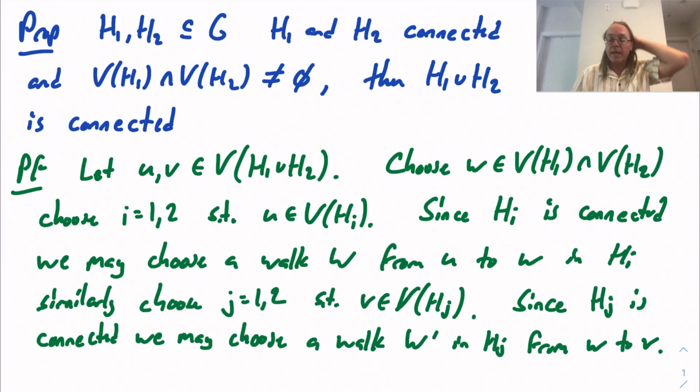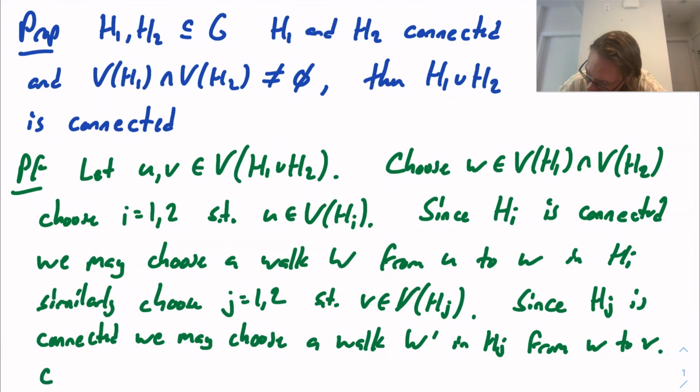And so now I can just concatenate those two, right? So now I have a walk that goes from U to W that's in H I, and I have a walk from W to V that's in H J. When I concatenate those two, I get a walk from U to V that lives in the subgraph H1 union H2.